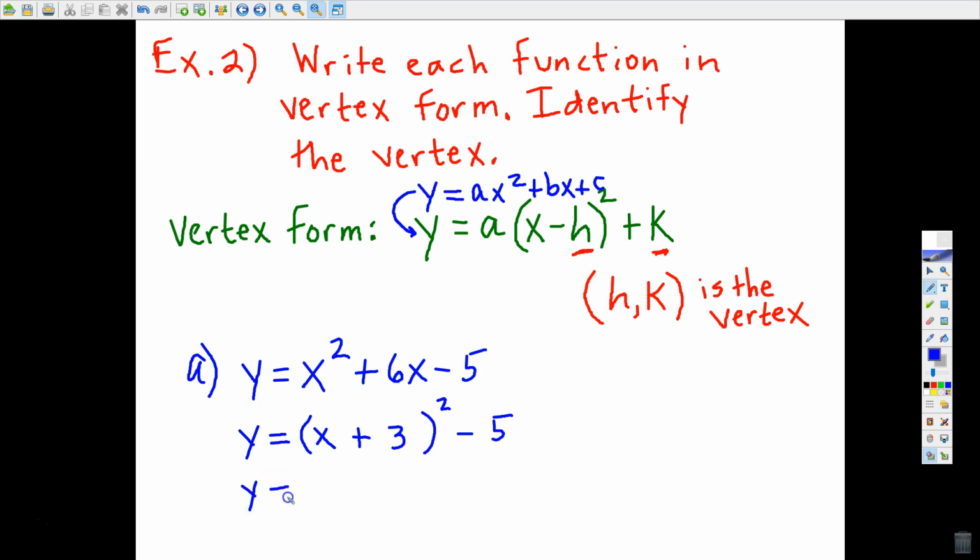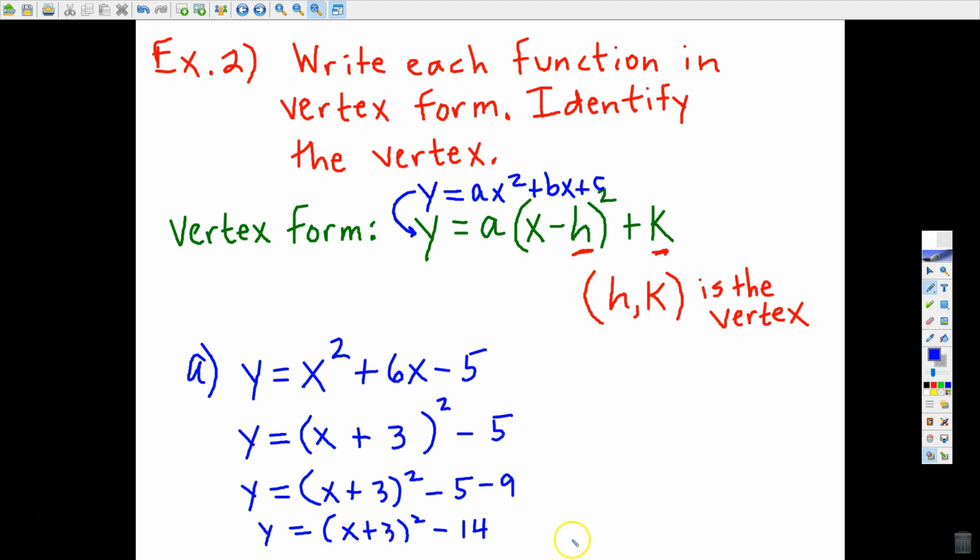Okay, so let me just erase this. So when I do this, x plus 3 quantity squared, and I'll show this in 2 steps, but in the future you won't have to, I get y equals x plus 3 quantity squared minus 14. Okay, and you can always double check your vertex form and make sure that it's still equivalent to the standard form.